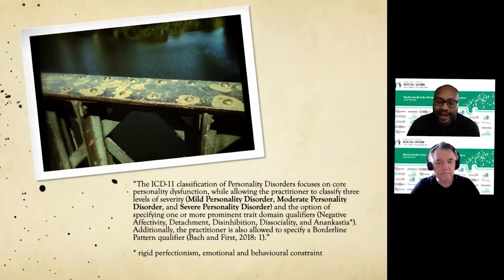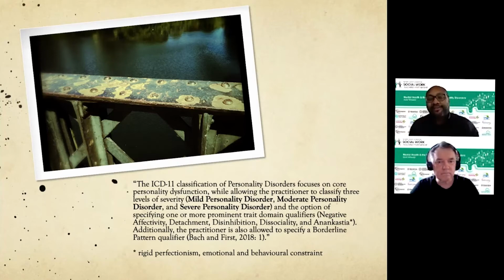It also added the option of specifying one or more prominent traits or qualifiers. So negative affectivity, detachment, disinhibition, dissociality, anankastia, which is rigid perfectionism, which is more aligned with the obsessive compulsive personality disorder we saw previously. So the idea was that rather than just lumping someone into this category and leaving them, it was more calibrated to that person's situation.